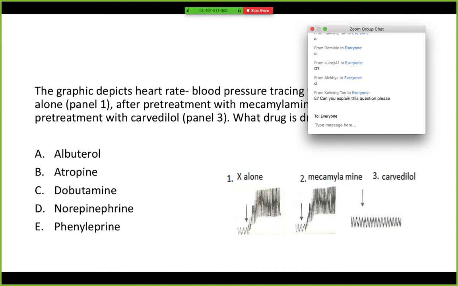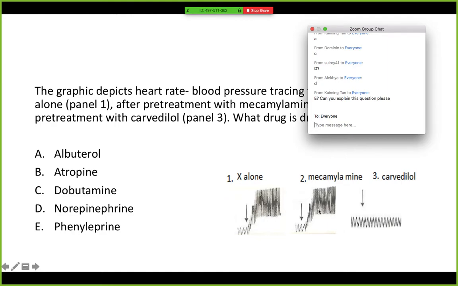Yeah. So I pulled this question from a set of practice questions she sent out on a Word document last year that were pretty difficult. So number 1 here, this is drug X alone. So you're looking for a drug that both increases the blood pressure and increases the heart rate.